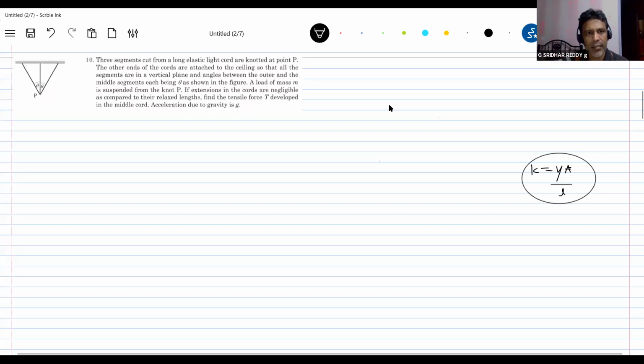Three segments cut from a long elastic cord. I think all are made up of the same material. Look at the three segments, all made of the same material.